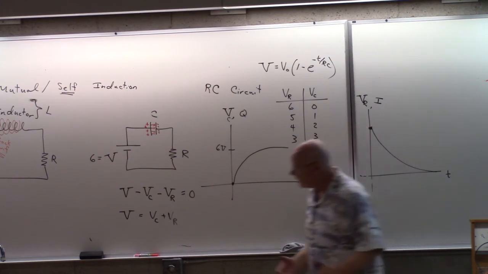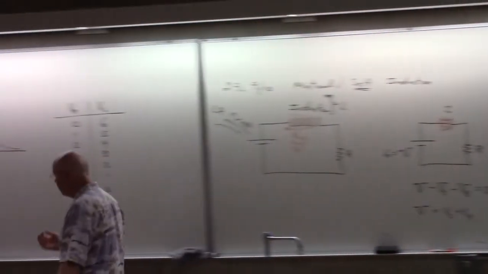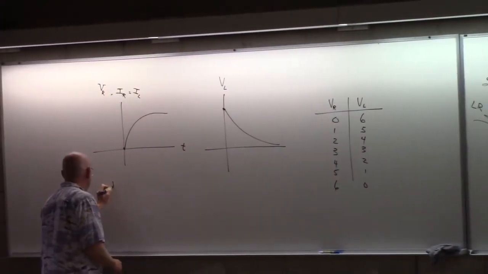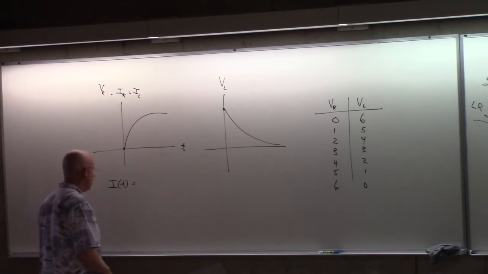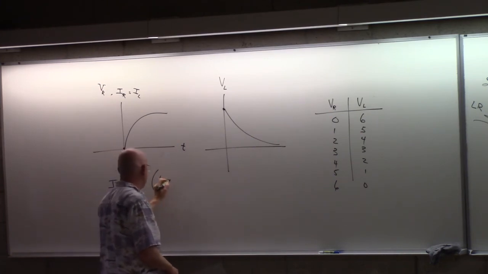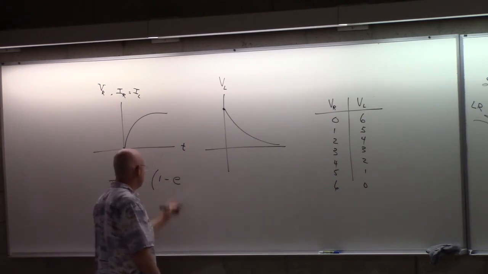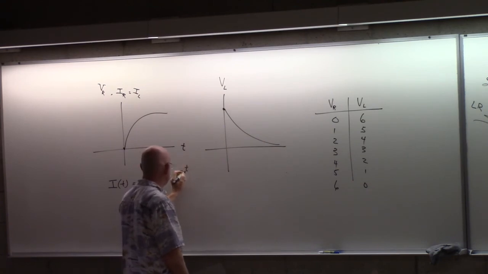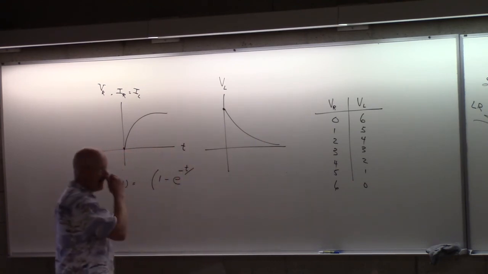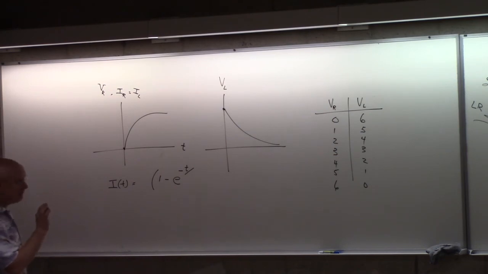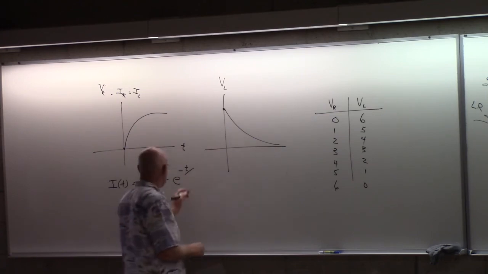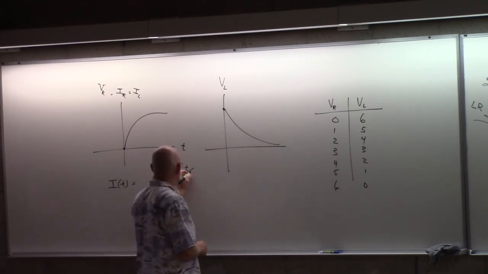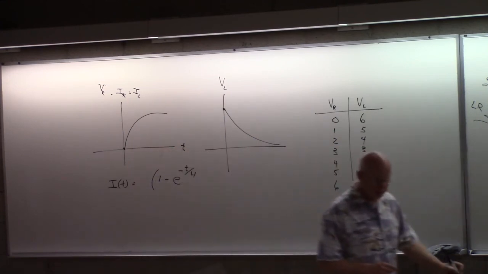And I'm going to say the same thing here, that the current then, as a function of time, would follow this 1 minus e to the minus t. And there is a slight difference here, and it's kind of the reverse. This would be an L over R or R over L?